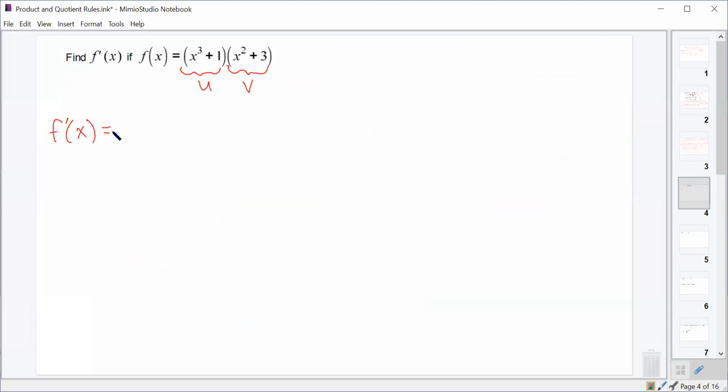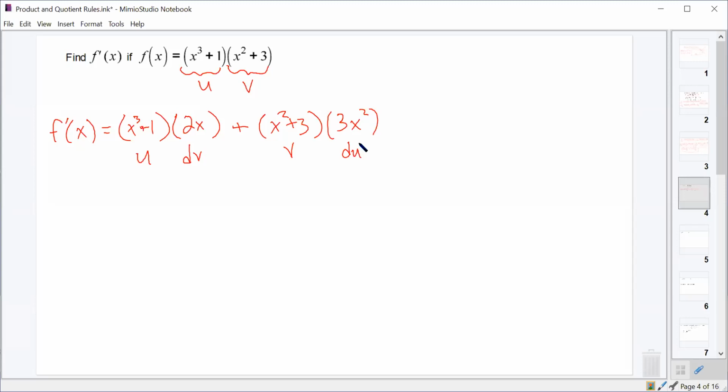It is the first function, u, which is x cubed plus 1, times the derivative of the second function, which is, what's the derivative? Just 2x, right? Plus the second function, v, times the derivative of u, which is 3x squared.